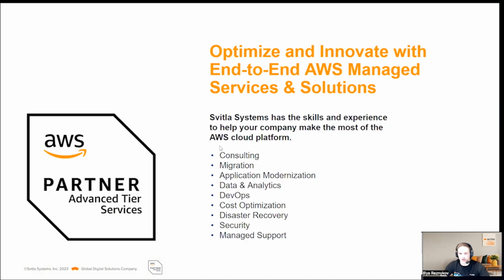It means that we have enough skilled and certified engineers and solution architects who are able to help in designing, deploying, and implementing your cloud infrastructure, supporting you in your cloud journey. And we provide services in several directions, like consulting, migration, managed support, implementing DevOps practices, improving security, creating disaster recovery scenarios, and a lot of others.